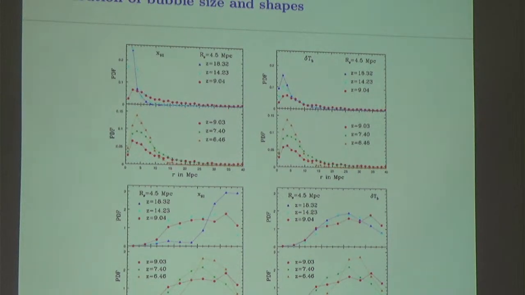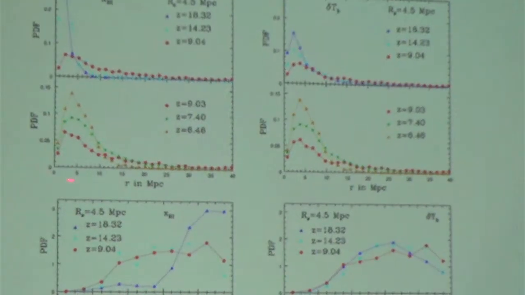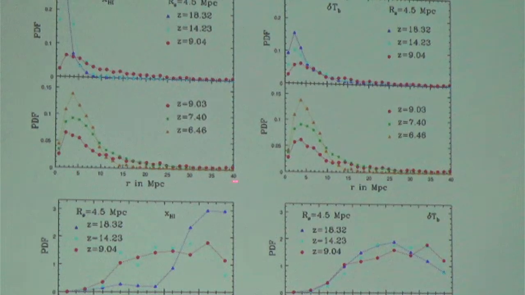This is for R, the size distribution, and this is the shape distribution. Let's look at the range first. The range will be in various megaparsecs. We have done smoothing to the field, so it will be cut off by the smoothing on the low size side.